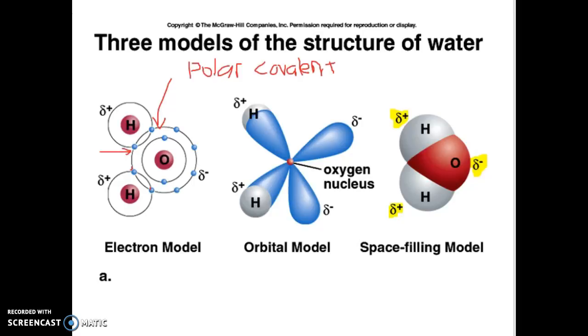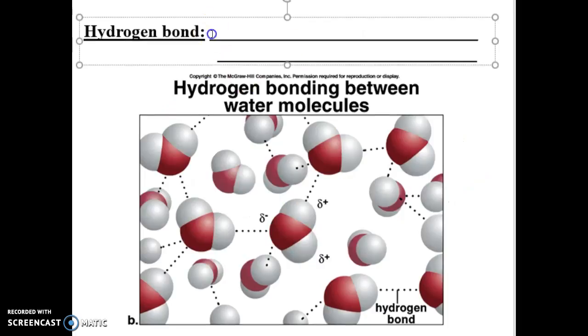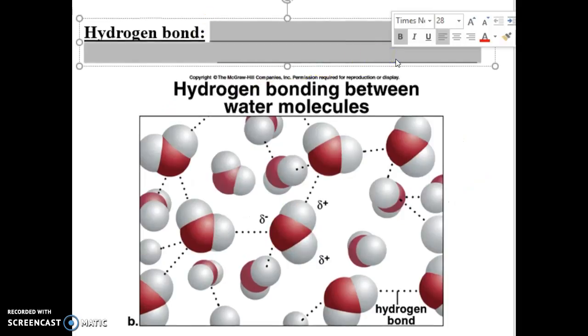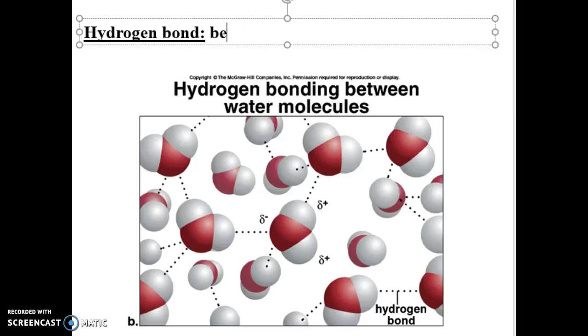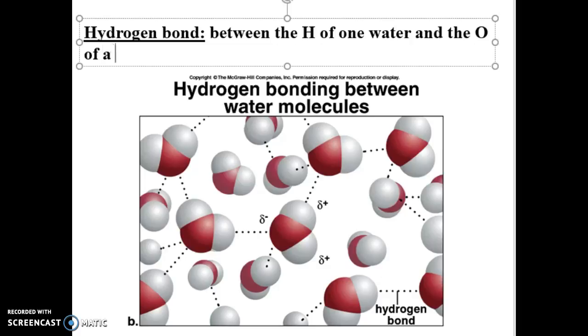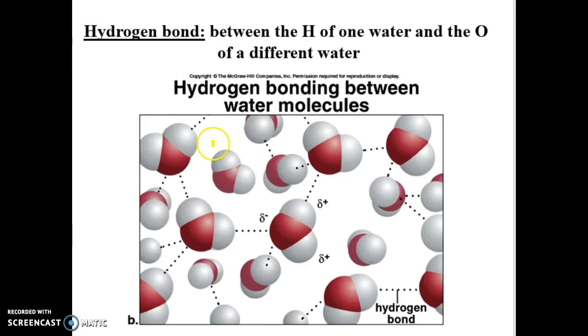So again, this is what sets up and creates the hydrogen bond. The hydrogen bond is between the hydrogen of one water and the oxygen of a different water.